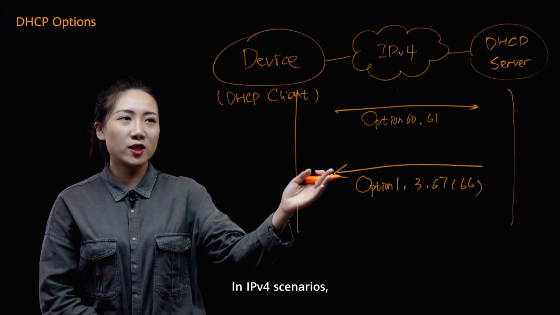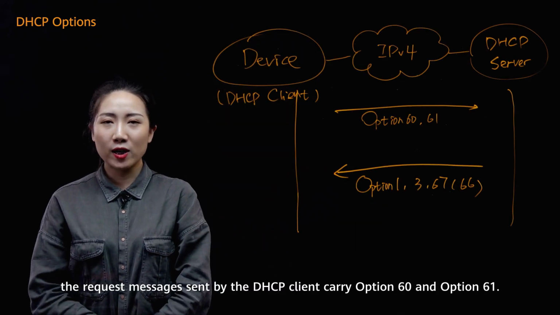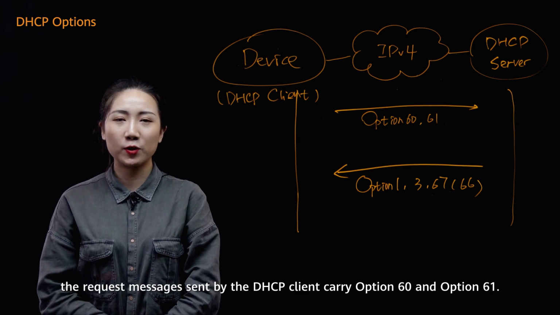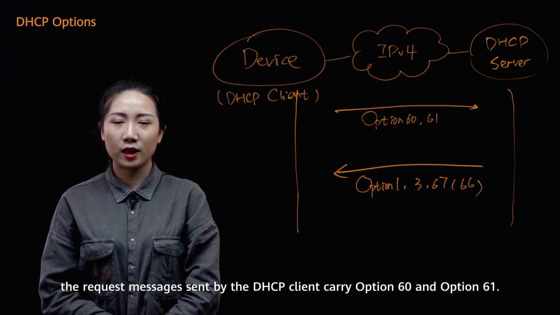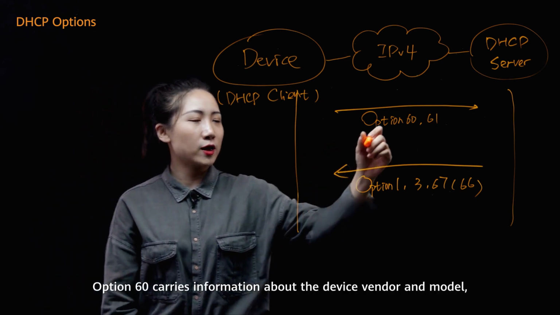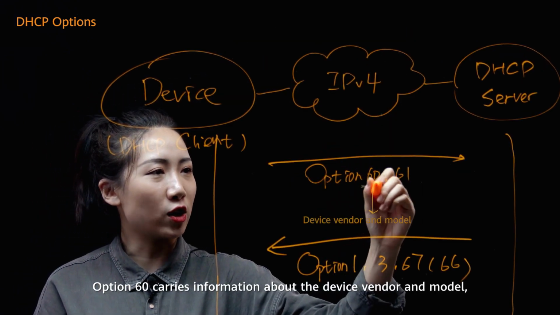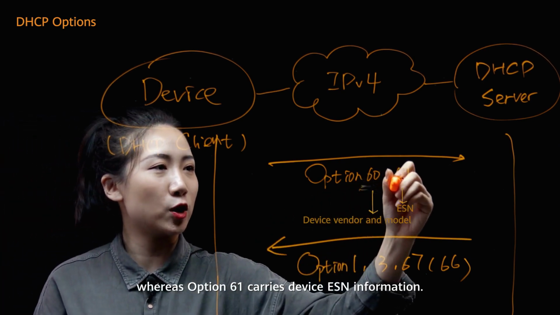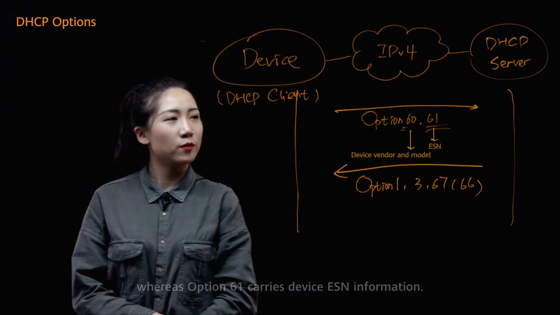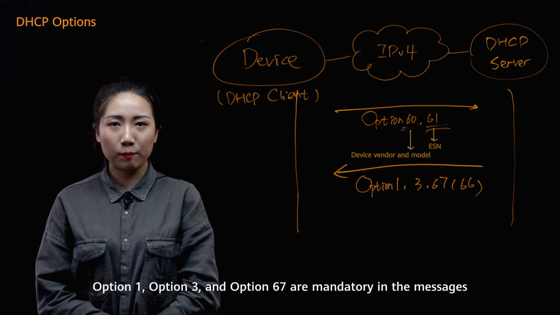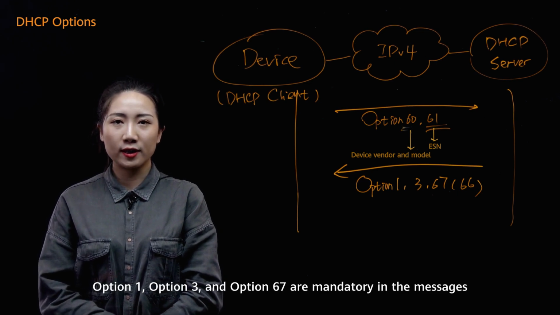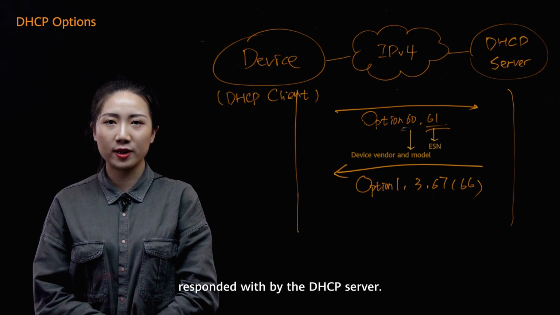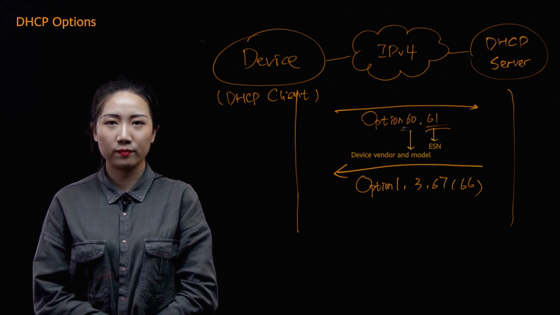In IPv4 scenarios, the request messages sent by the DHCP client carry option 60 and option 61. Option 60 carries information about the device vendor and model, whereas option 61 carries device ESN information. Option 1, option 3, and option 6-7 are mandatory in the messages responded with by the DHCP server.